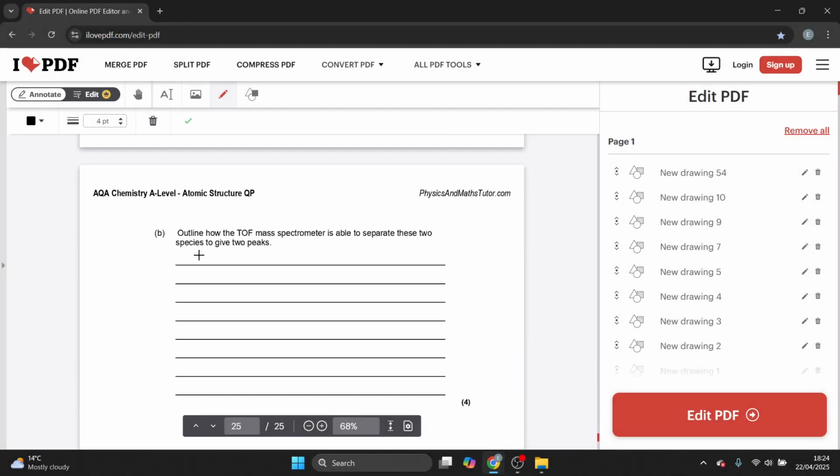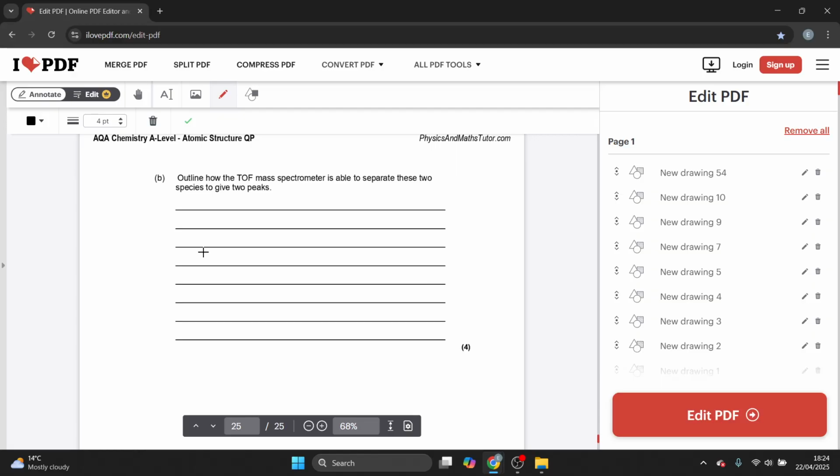Explain how a time-of-flight mass spectrometer separates 2 species to give 2 peaks. I know it's going to be the idea of the m/z values, or m/z ratio, and speed, so hitting the detector first.